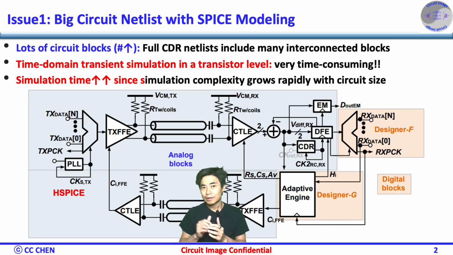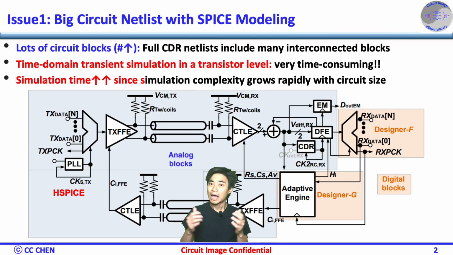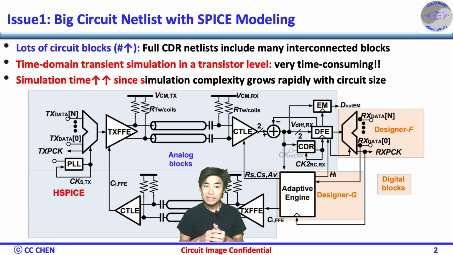For example, 5x more blocks might lead to 50x more simulation time. This often results in overnight runs, or worse, multi-day simulations. If the sim crashes near the end, all the time is wasted. So, to summarize, a larger netlist means longer sims, harder debug, and less productivity.